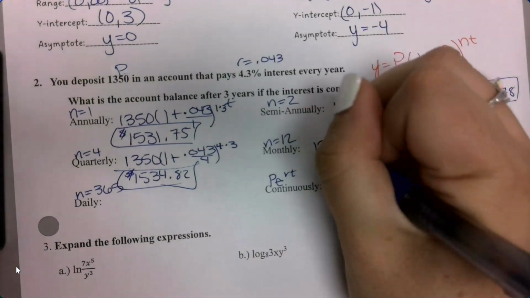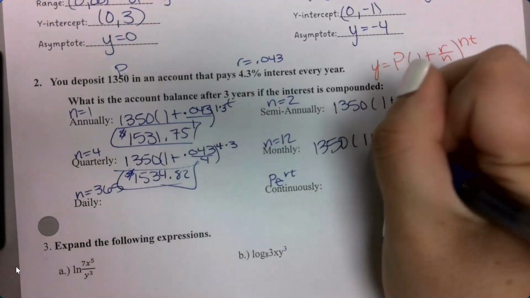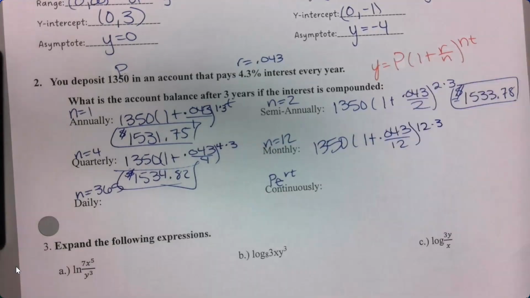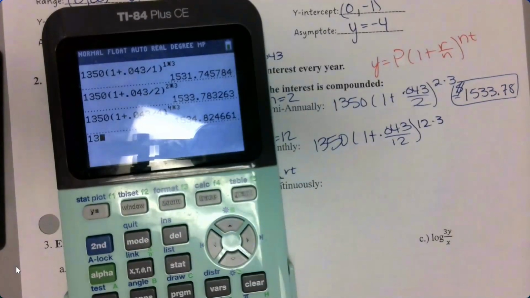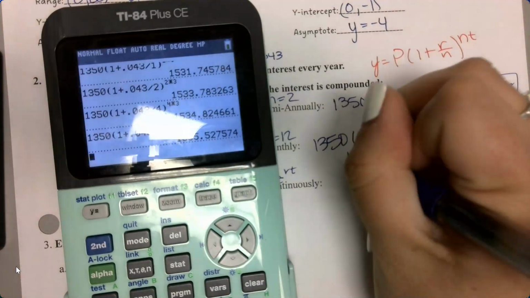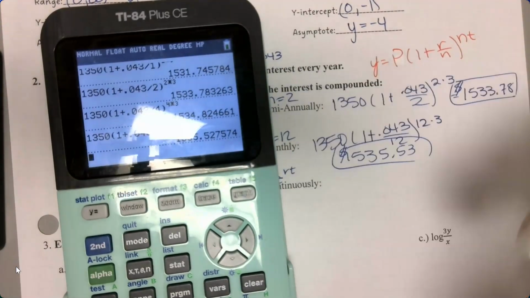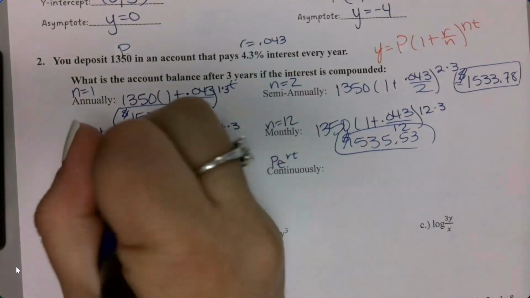Monthly, I want to plug in 12. This one gets me 1535.53. My next one, I'm plugging in 365.